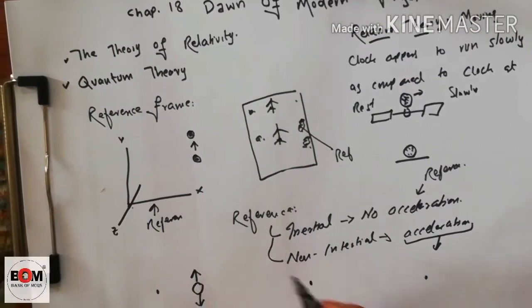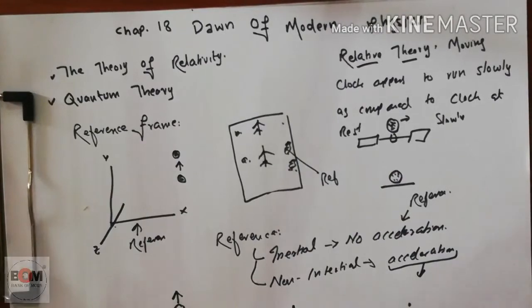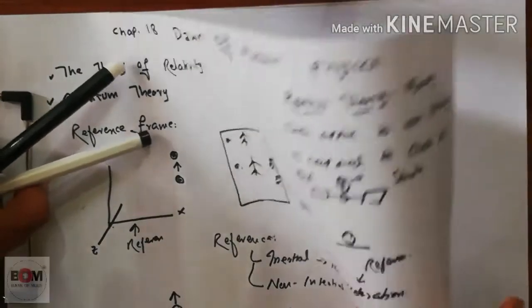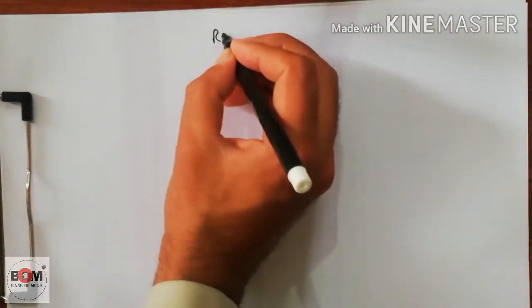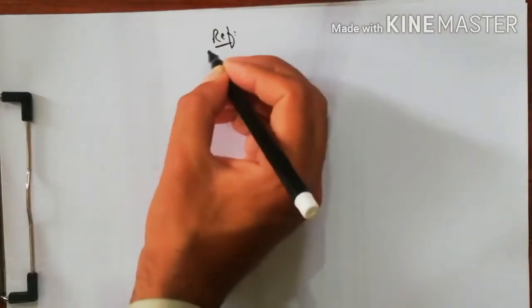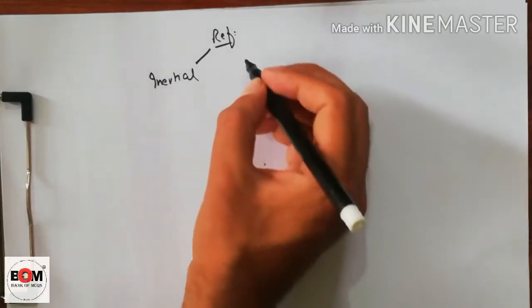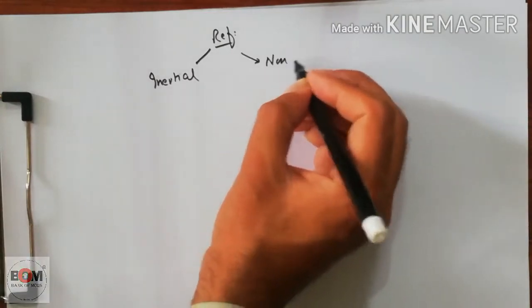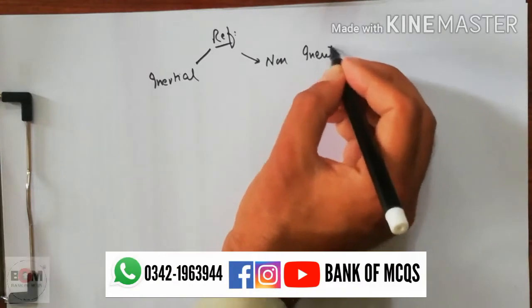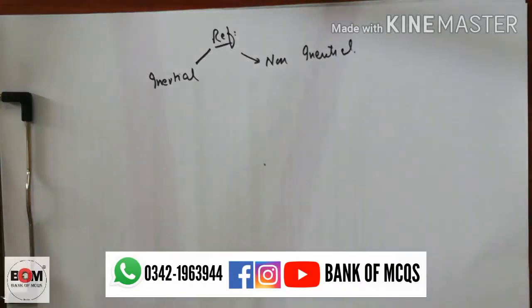To compare, for reference frames we have two types: inertial and non-inertial.